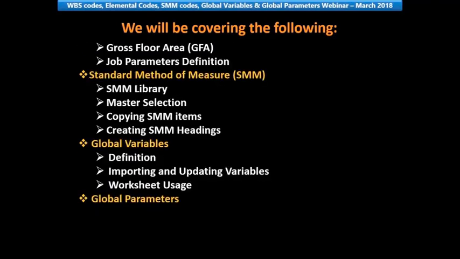In addition, gross floor area, job parameters definition, SMM or standard method of measure, SMM library, master selection, copying SMM items, creating SMM headings. Under global variable definition, importing and updating variables, worksheet usage, and then we will introduce global parameters.